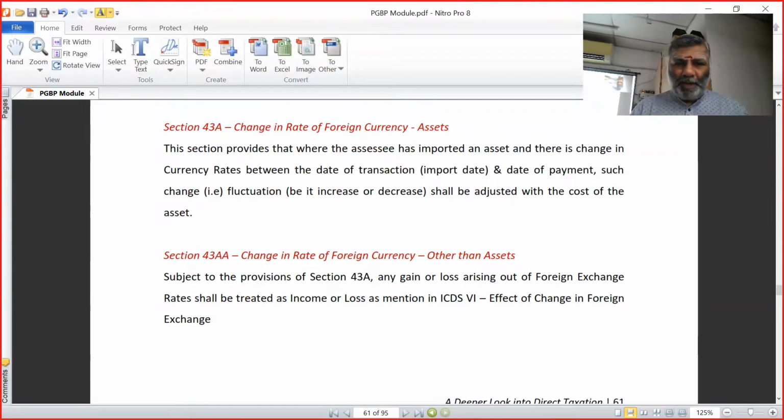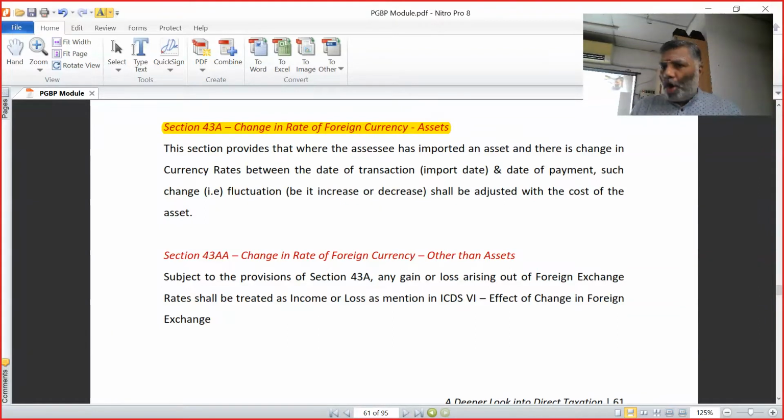Section 43A, we already know how to account for exchange rate currency in terms of assets. How to account for it? It should be adjusted with the cost of the asset. When we did depreciation, we did a question also, Agni, Vayu, Trishul question also.